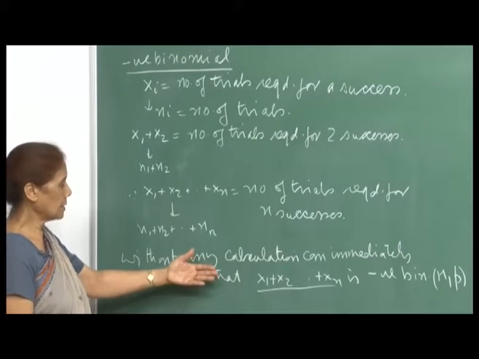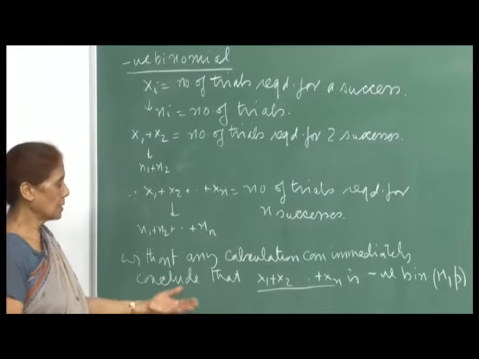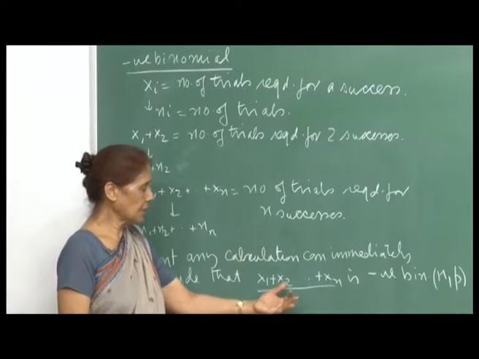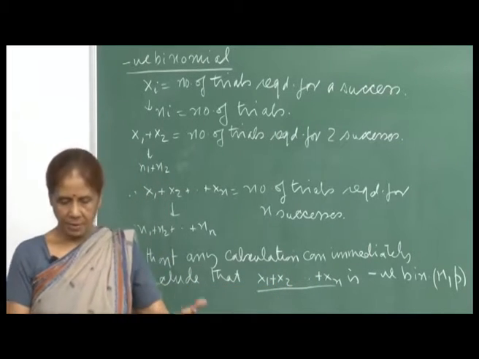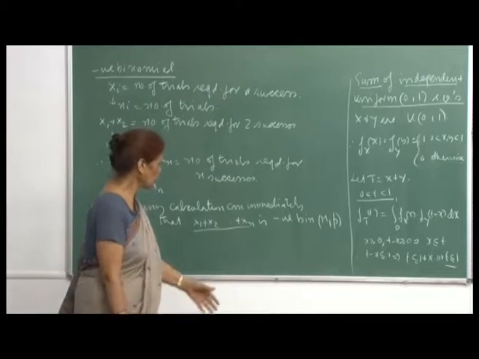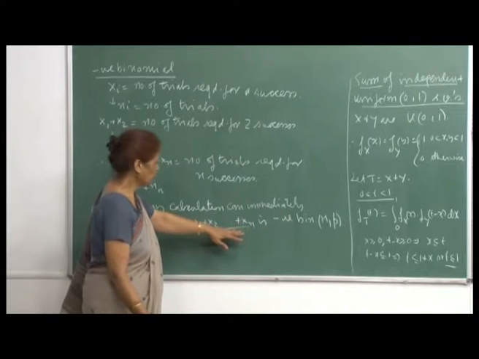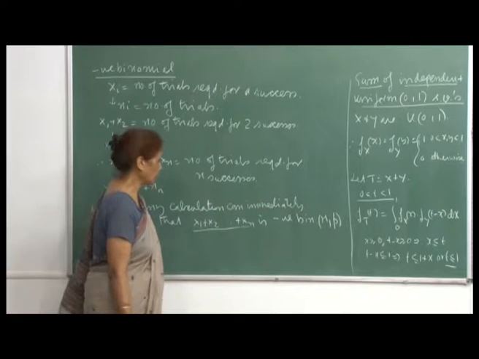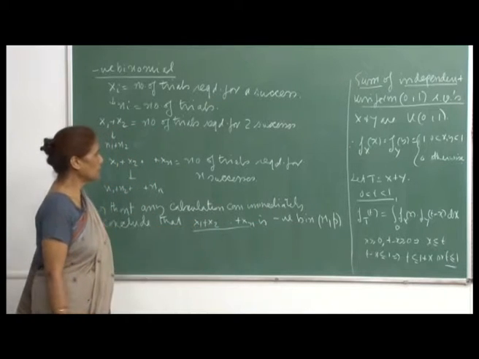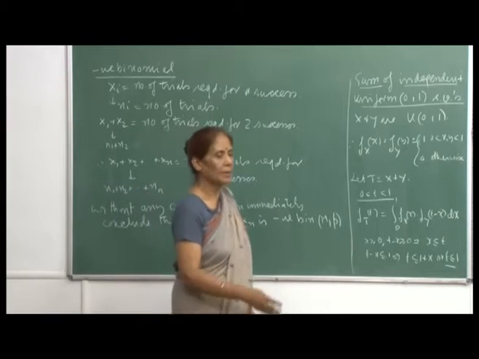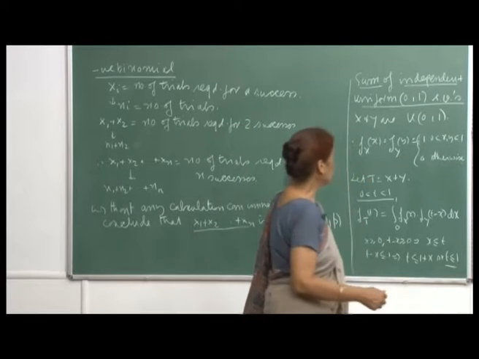So, just by saying it aloud, since each of x1, x2, up to xn is an independent geometric random variable, when you add them up, you can say that this will be negative binomial n, p. So, that is all. Here you really did not require convolution.